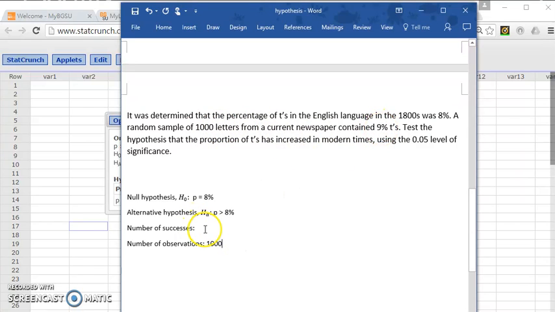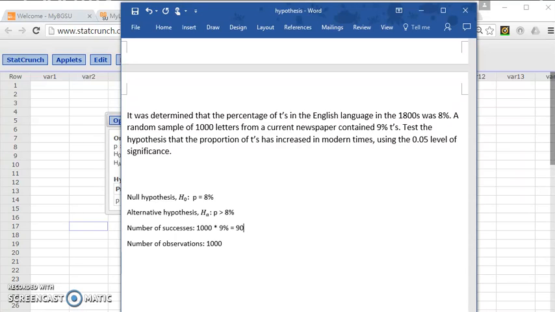So 9% of T's, that equals how many T's? So we have 1,000 letters and 9% of them were T's. So multiply 9%. Then that's going to give you the number of T's right here. So once you multiply these two, you should get 90.